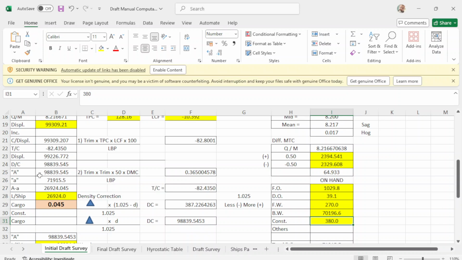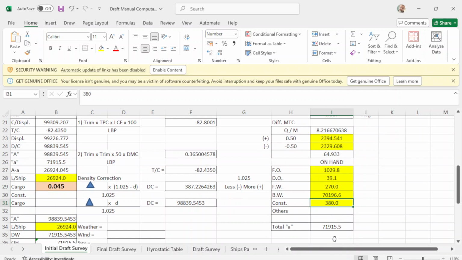Carry it down, then this will be your A, 98839.54, minus your small a, which is the ROB, 7191915.5. You deduct this figure, then A minus a will be 92692.405. Minus your light ship, this is your true displacement.